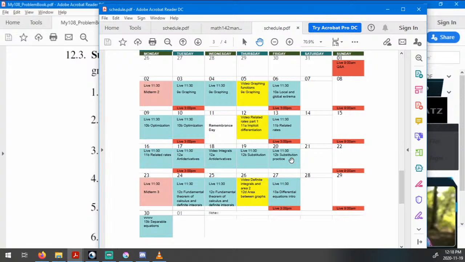I'll just do more substitution problems just so that you can get the hang of it, because it's definitely the biggest section of this last topic. The rest, it's not really anything new, more just variations on this antiderivative. It doesn't get more difficult than substitution.